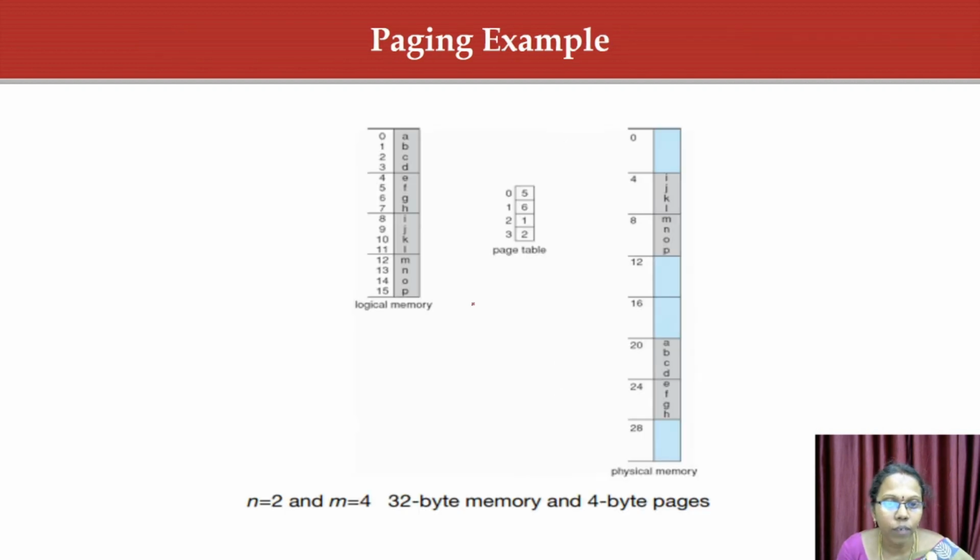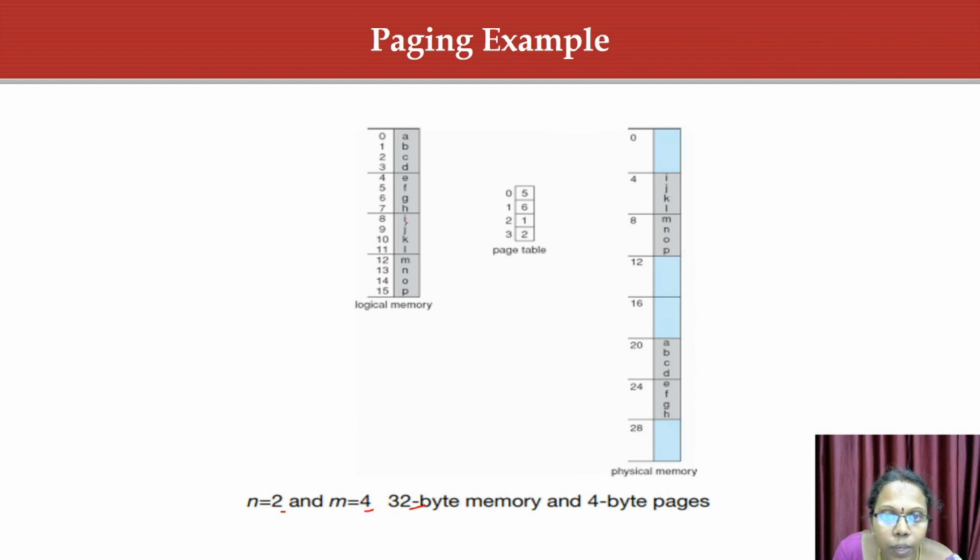Here we can work through a real-time example. The page size is 4, so the offset n equals 2, and the physical memory address space is 32 bytes. This example shows how the user's view of memory is mapped into physical memory.